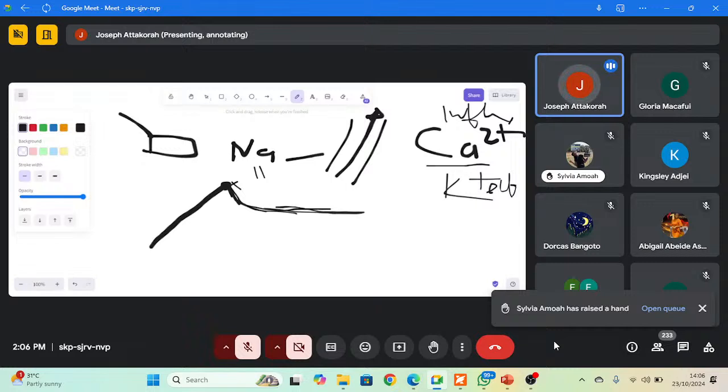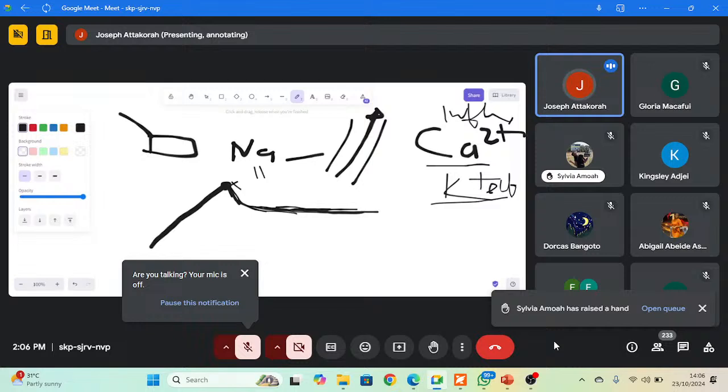The plateau means that the amount of potassium moving out becomes equal to the amount of calcium moving in. So when we have a situation like that, we get a plateau here.